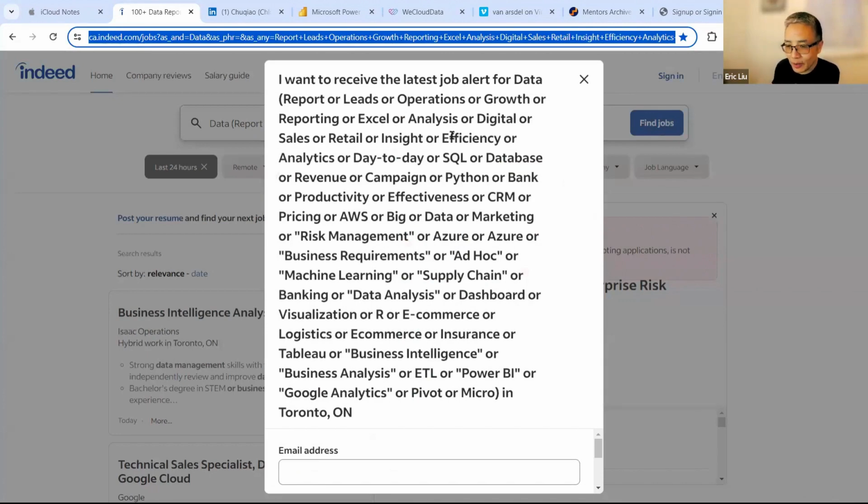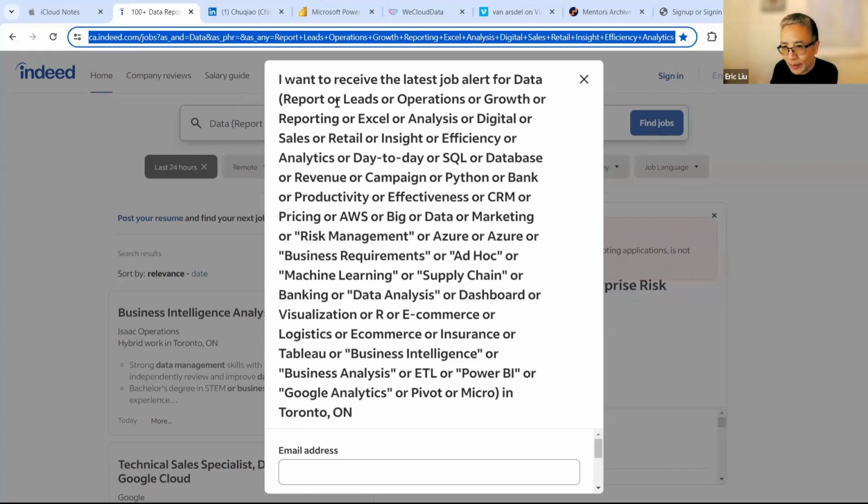So this is a more advanced search. The jobs it returns should include the keyword data and this huge, super long bracket. So one of these keywords, and one of these.